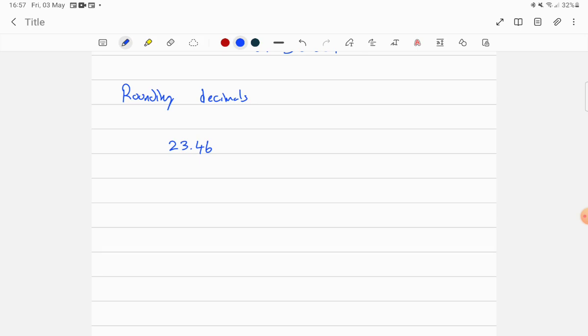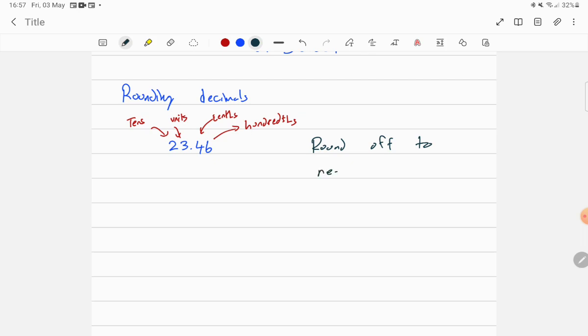Let's label this better: this one is tens, this one is units, this is tenths, this one is hundredths.